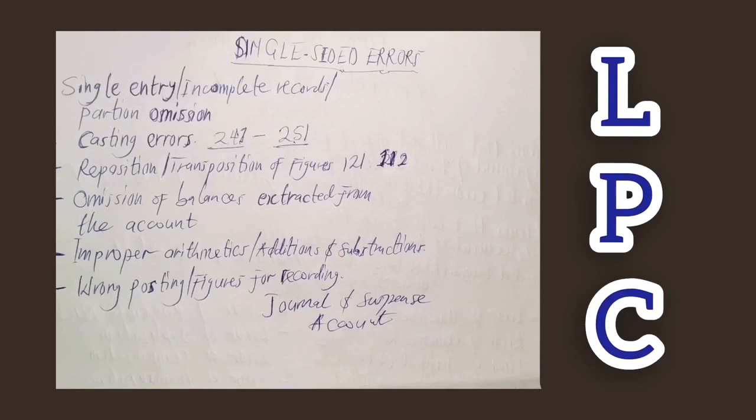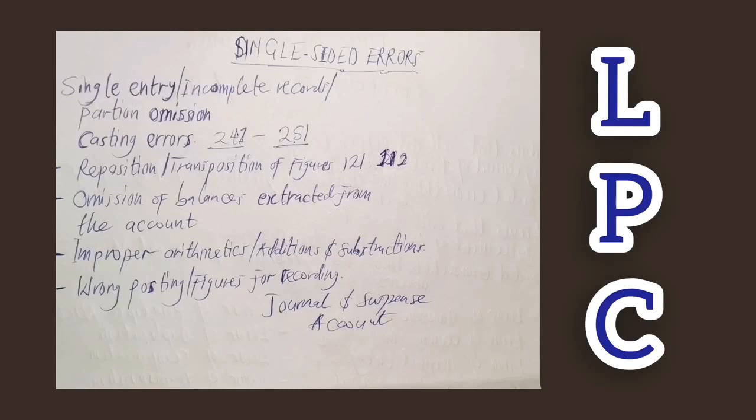Then after the investigation, once everything is done, we are able to rectify all the errors. At the end of the day, when you extract the suspense account and everything is perfect, the suspense account will agree, meaning the debit and the credit side of the suspense account will be equal, and we are good to go. I hope that is clear.